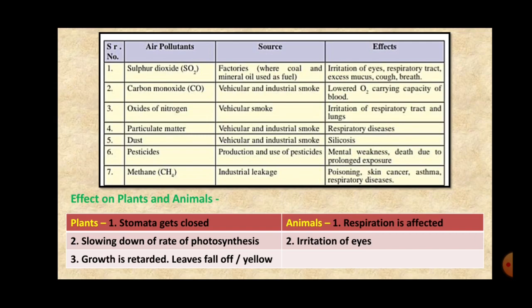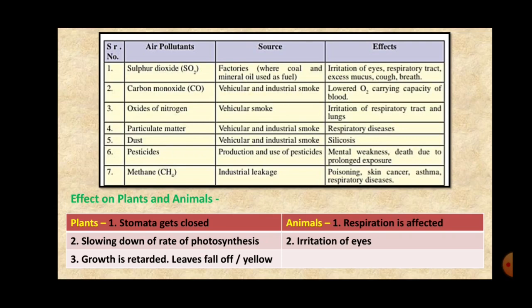At the same time, they give out oxygen and take in carbon dioxide during photosynthesis. So when these air pollutants are released in the atmosphere, and small particulate matter or dust particles settle down on the plants, the stomata get closed, and thus the rate of photosynthesis is lowered.